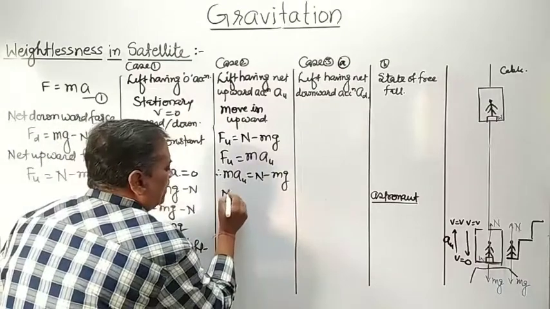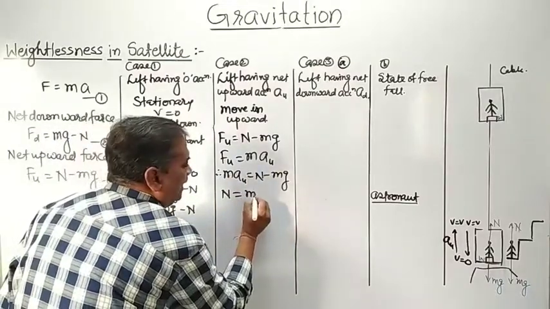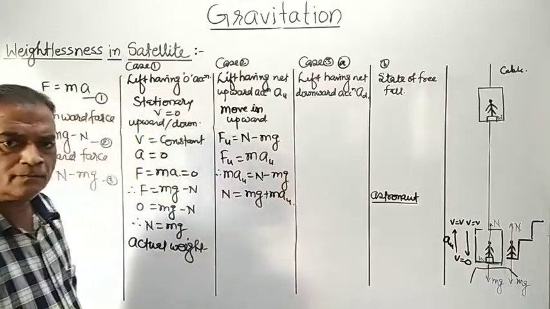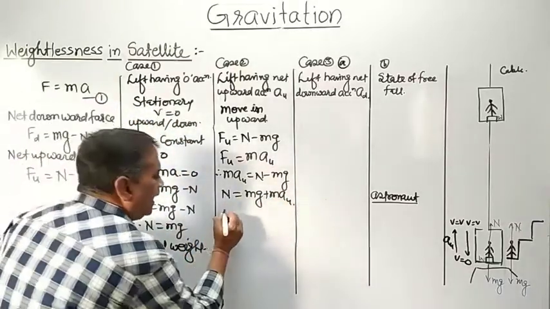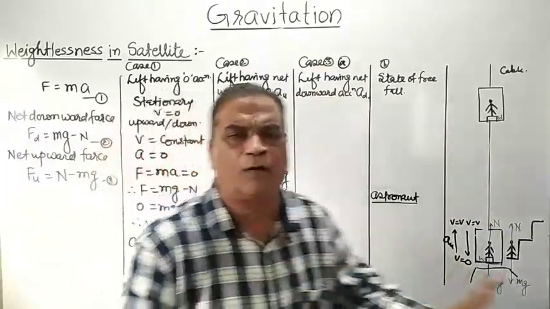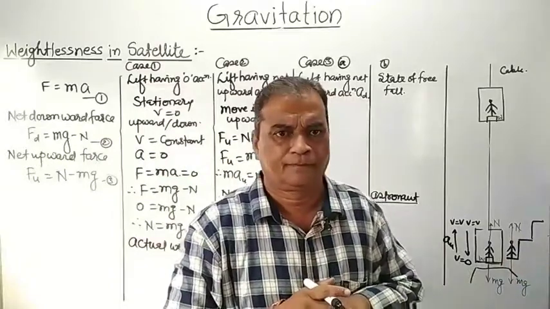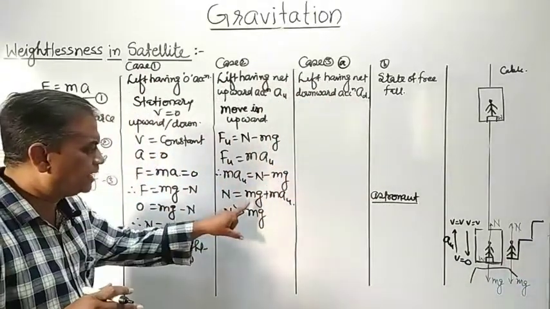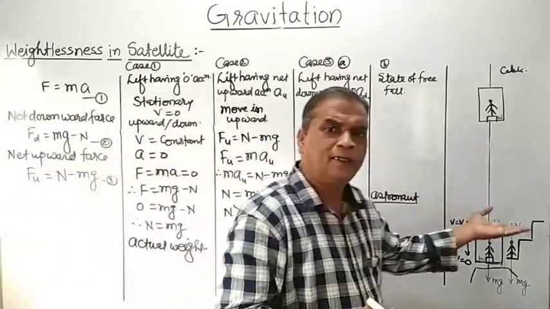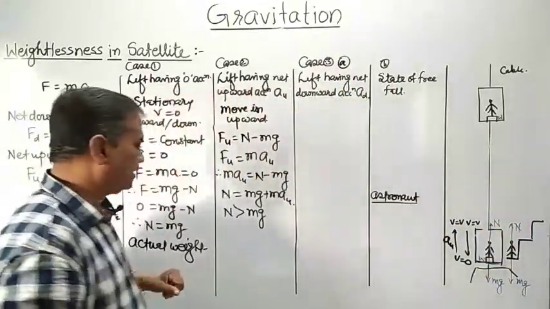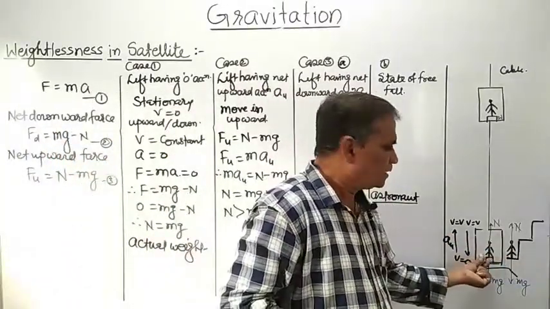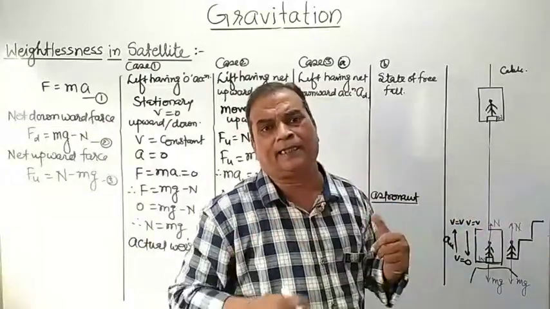or, taking mg to this side, N is equal to mg plus m a_u. Here what can you say? N is greater than the actual weight of the passenger. N here is mg plus m a_u. It means whenever the lift is having net upward acceleration, the normal reaction exerted by the floor on the passenger is greater than his weight.